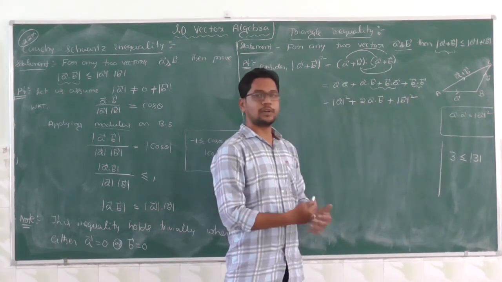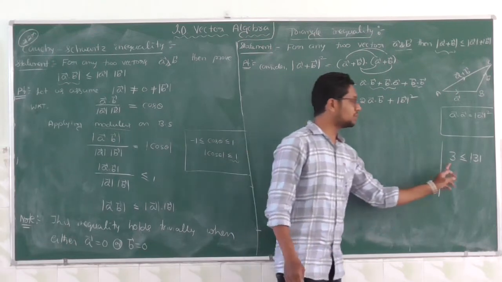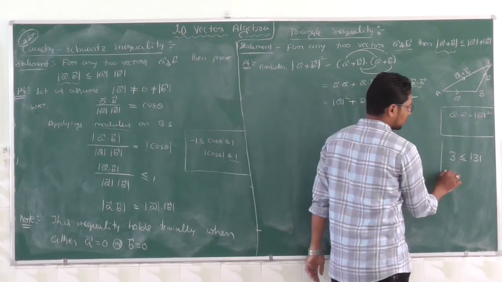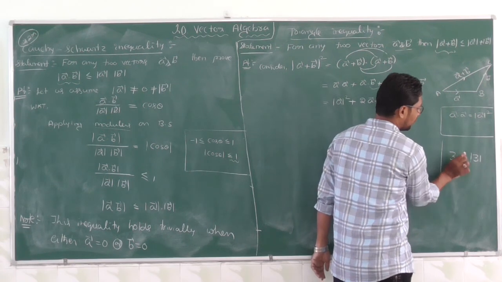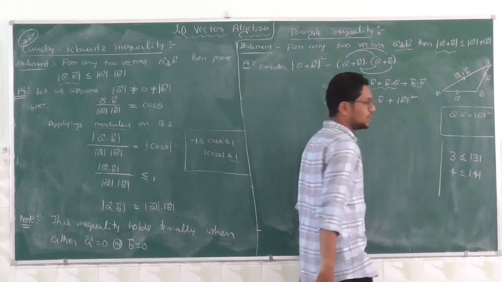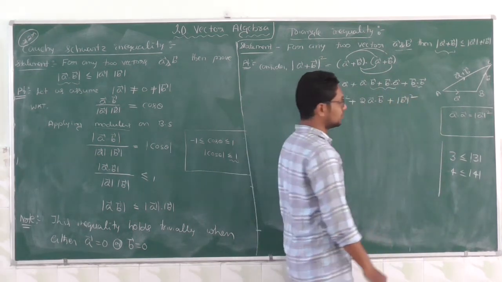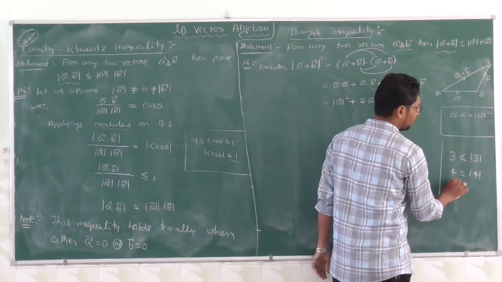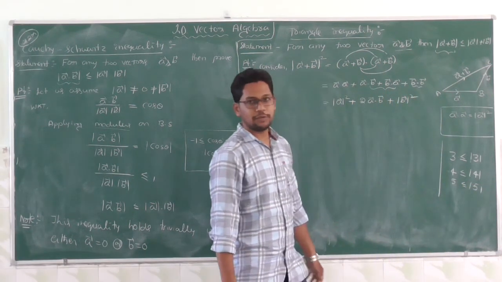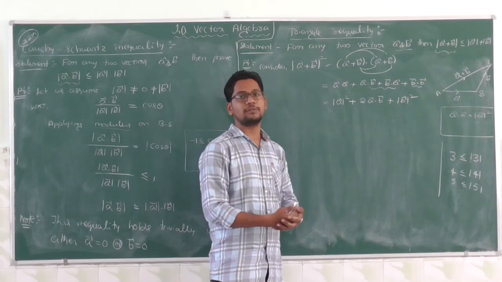Is this true or false? Yes, it is true. Now, what about 4? Is 4 less than or equal to modulus of 4? Yes, it is true. Next one, 5 is less than or equal to modulus of 5? Yes.